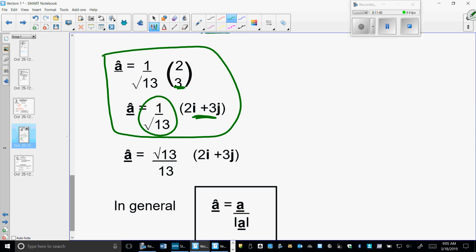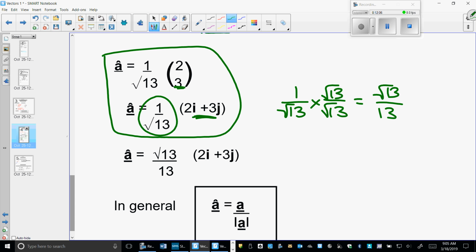So if I want to rationalize 1 over root 13, I multiply by root 13 over root 13. So this becomes root 13, and this just becomes 13. So that's the difference between these two and this one. It's just been rationalized. So all 3 of these are equivalent statements, just in slightly different formats.